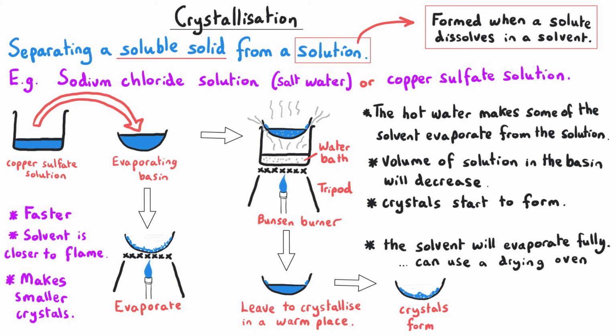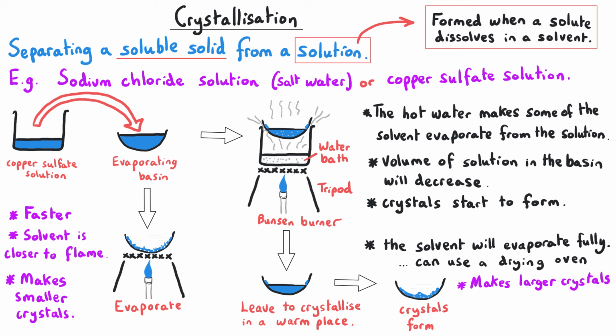Additionally, the crystals that form from the more direct evaporation of all of the solvent are much smaller than those that you get from the more gradual crystallization, where you've reduced the volume and let it evaporate the rest of the way naturally. And we get much larger crystals that way.